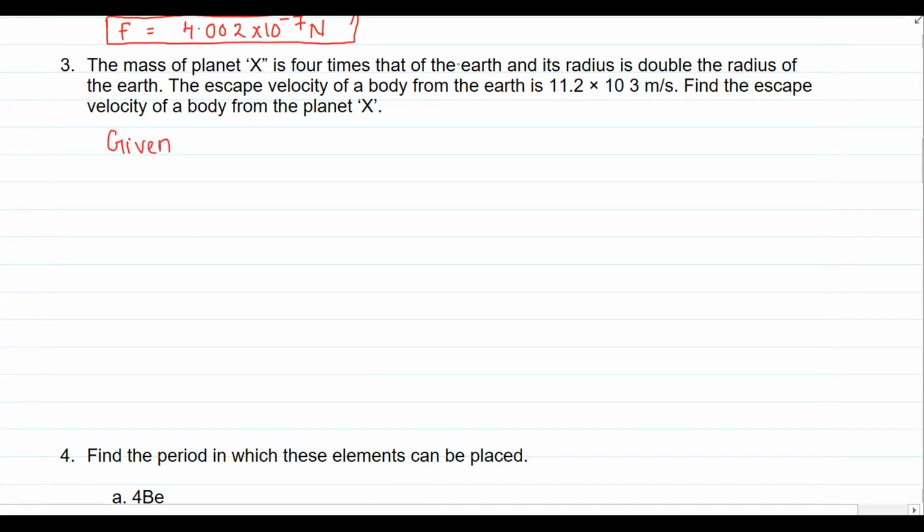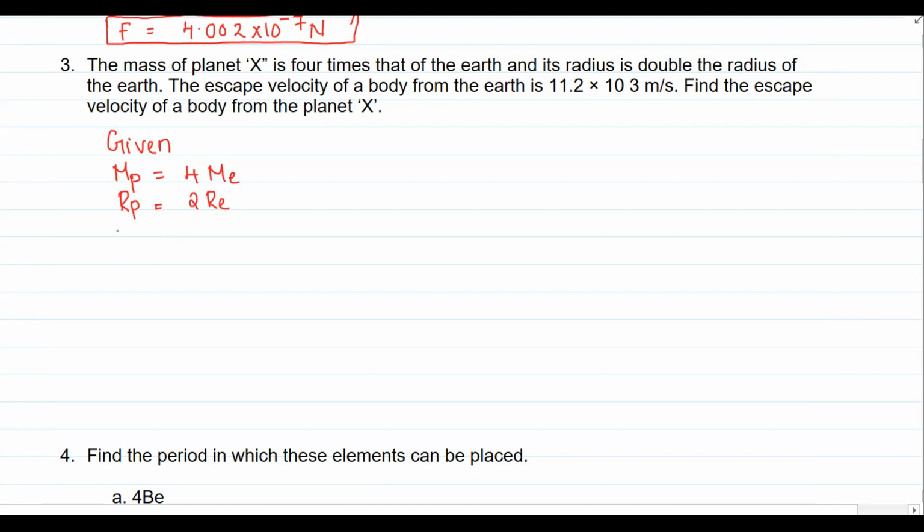Mass of planet is 4 times that of Earth. Let the mass of planet be MP. Mass of the planet is 4 times mass of Earth, that means 4ME. Radius is given, RP is equal to double the radius, means 2RE.